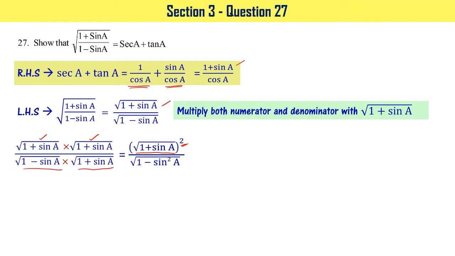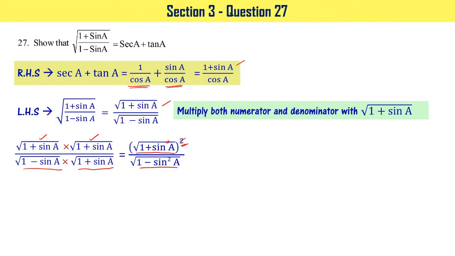We can take the whole thing into the root such that it becomes square root of 1 minus sin A times 1 plus sin A, right? That can be written as square root of 1 minus sin square A, right? Now I can drop this square root and this square, right?